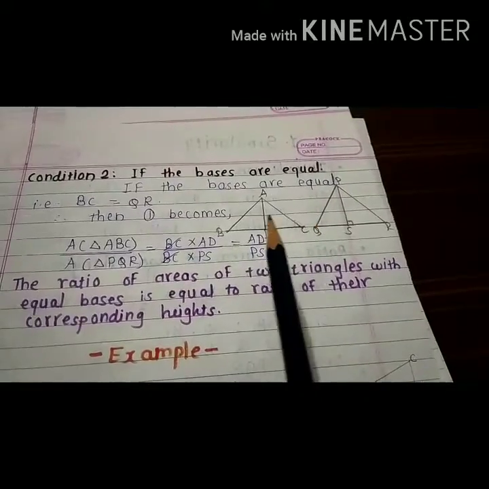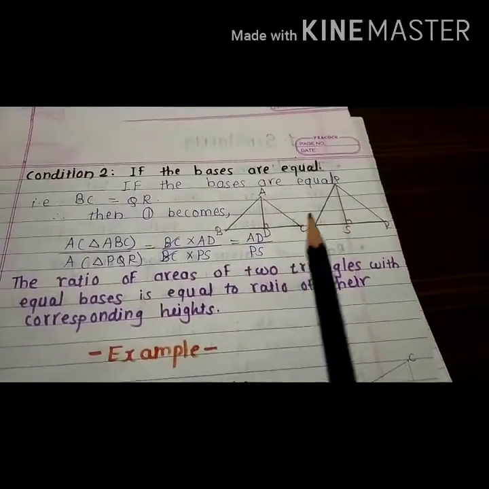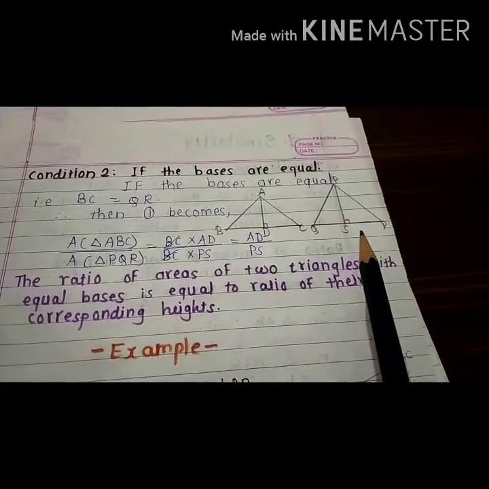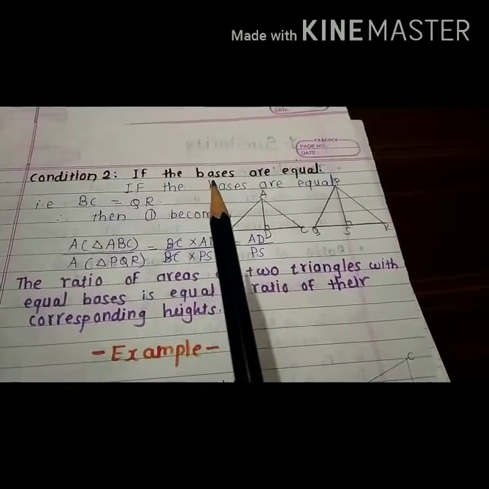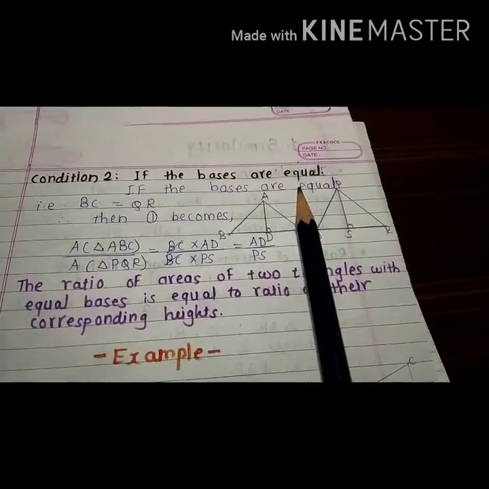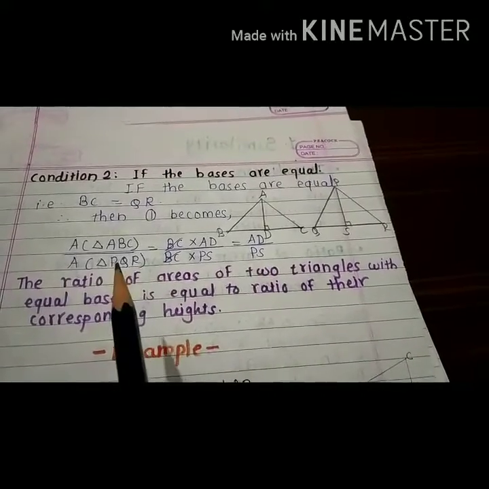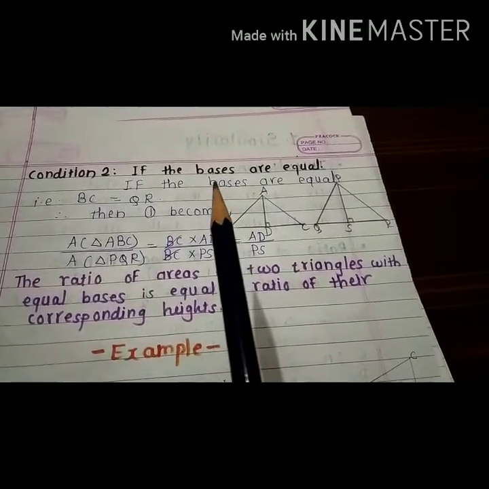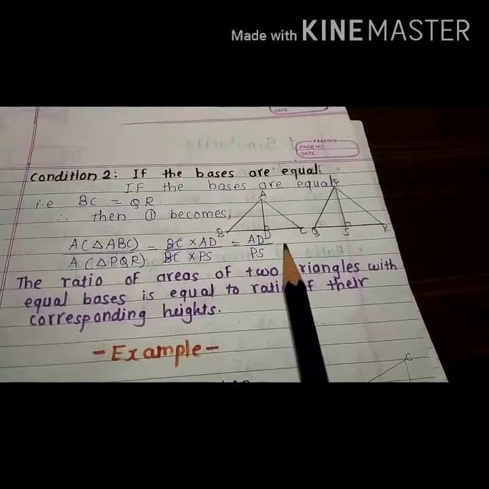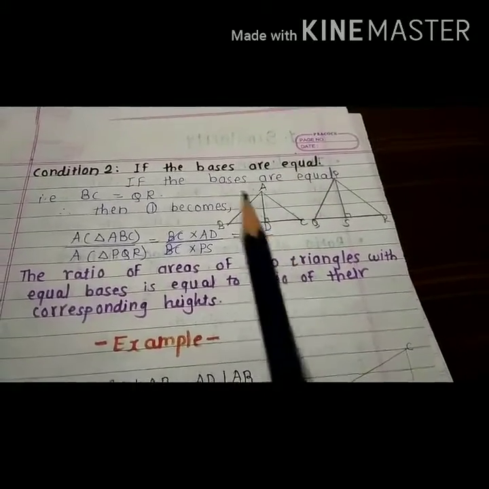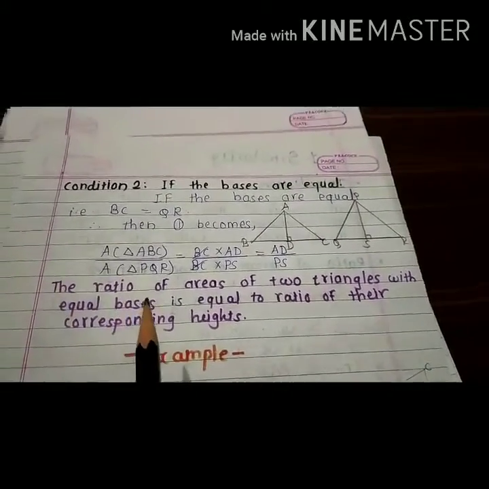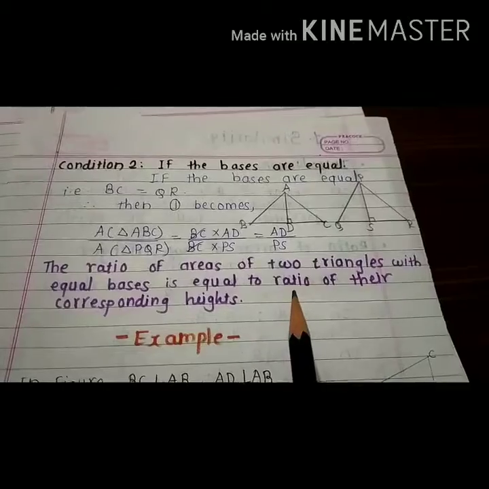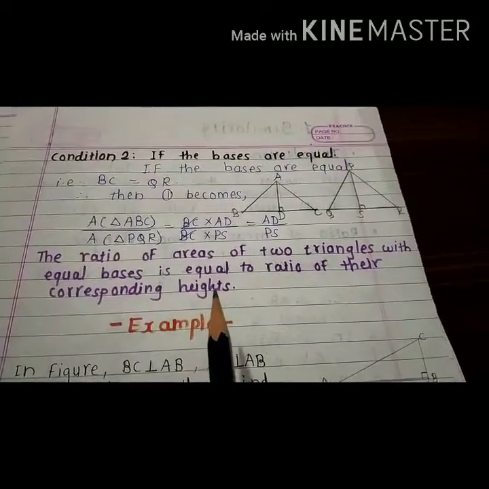If we observe the figure, AD and PS are the heights of triangle ABC and triangle PQR respectively, and we have taken the condition that the bases are equal. From this equation, if we take the ratio of areas with equal bases, then the ratio is equal to the ratio of their heights. That is, the ratio of areas of two triangles with equal bases is equal to the ratio of their corresponding heights.